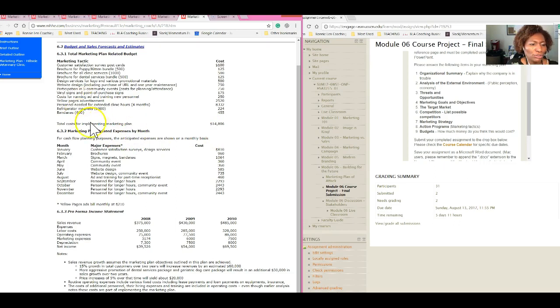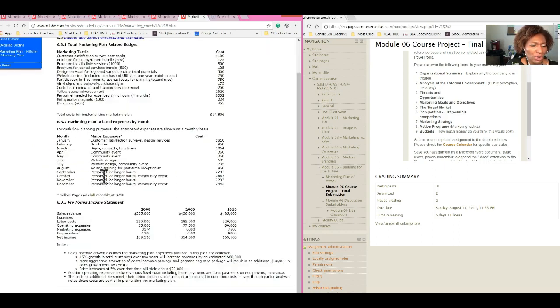Okay, so you're just going to list that, or you can list something like this where they talk about customer service satisfaction, brochures and signs, and maybe personnel for longer hours to attend community events, and they talk about the costs by month. So you can do it either way.